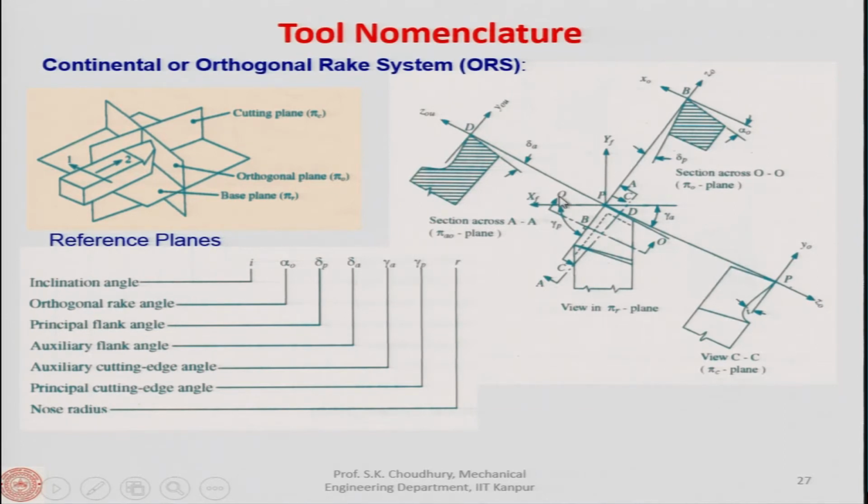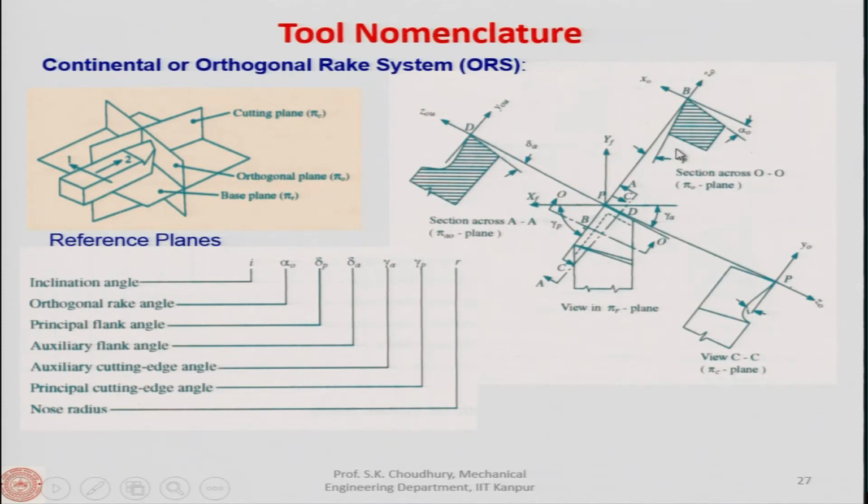Another section we will take as OO. OO will be perpendicular to CC. Look at it here. This is the orthogonal plane OO. OO is perpendicular to the PC, that is the cutting plane. Now, along this OO, if we see this view, this will be the inclination of the rake face, and this will be the inclination of the flank face.